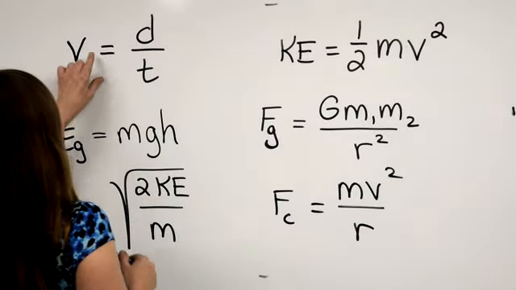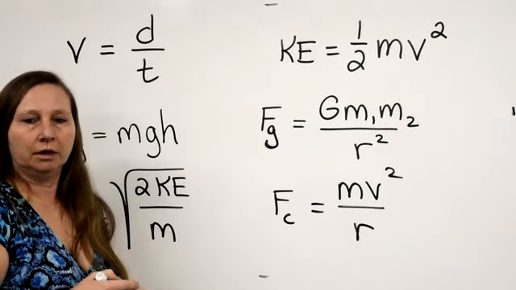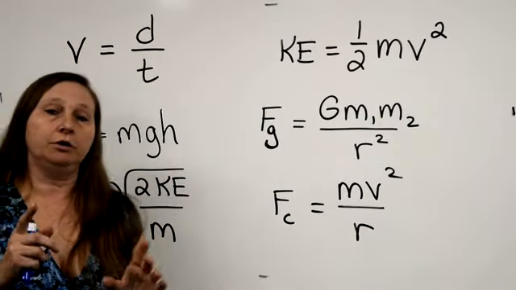Now, how do you tell when 2 variables are directly related? Now you need to write this down.